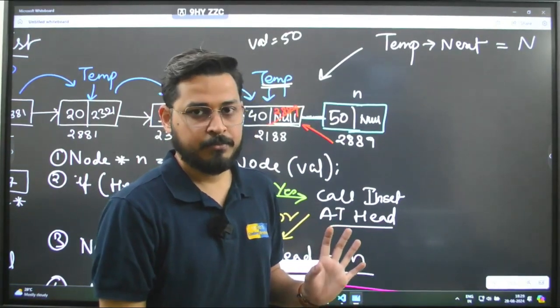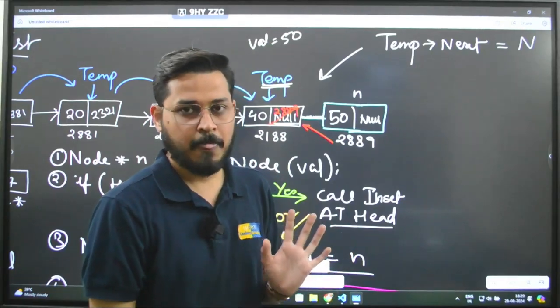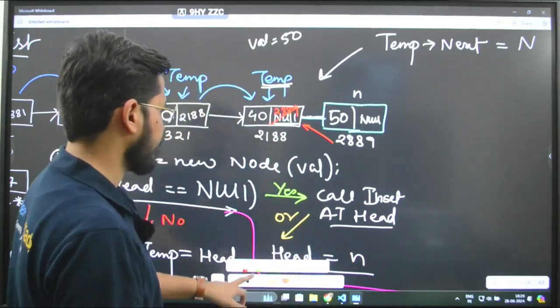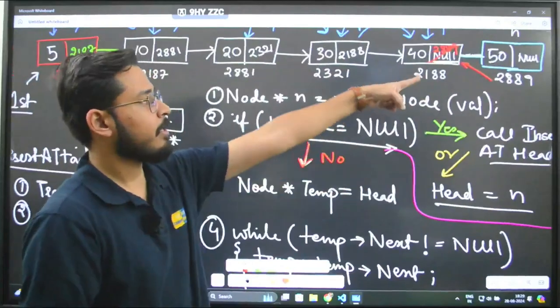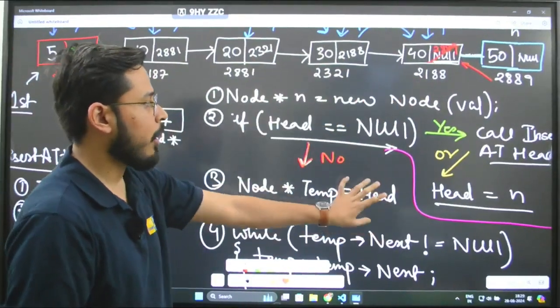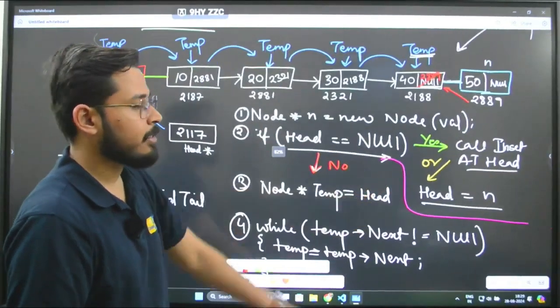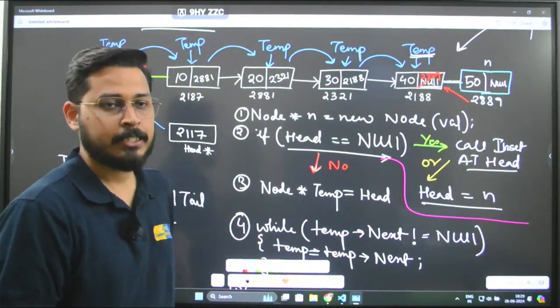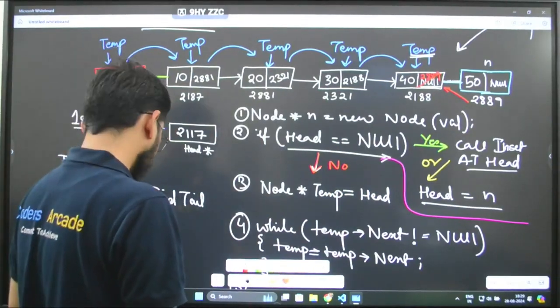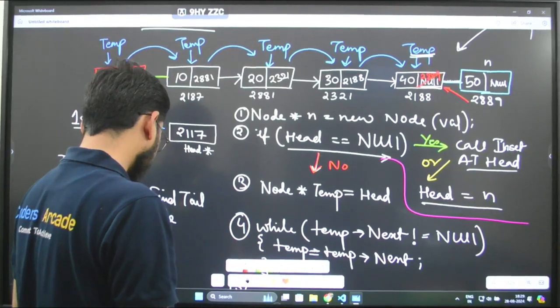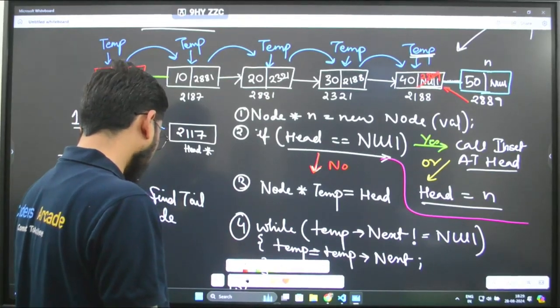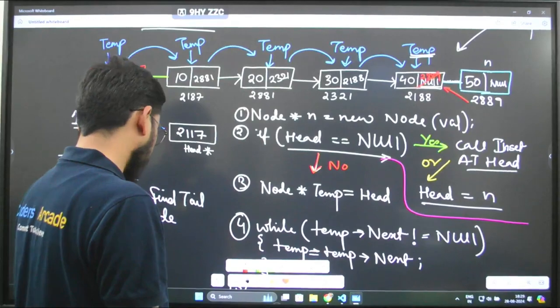Very easy. You understood this really well. That is how you are going to do insert at the tail. I hope this is very, very clear to all of you. Okay.